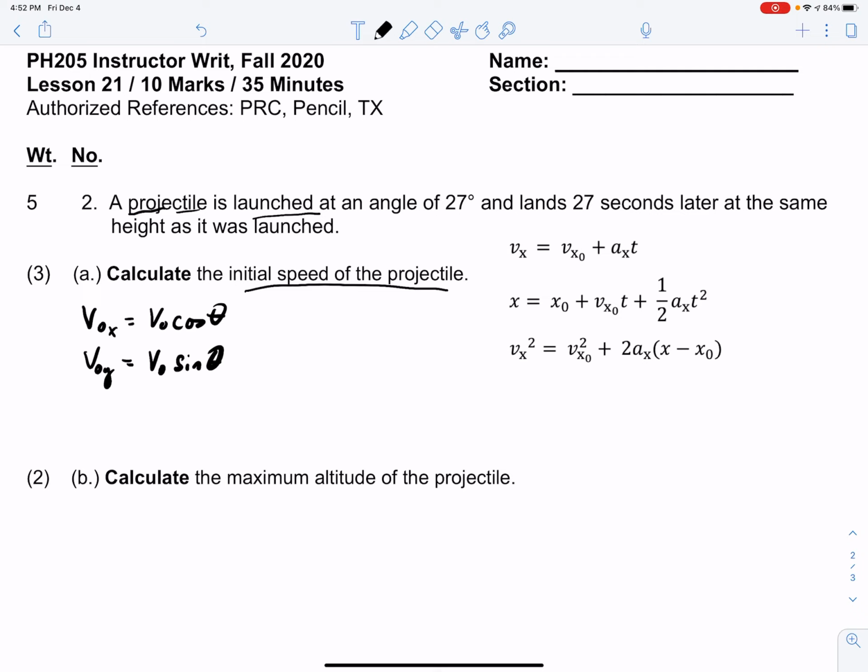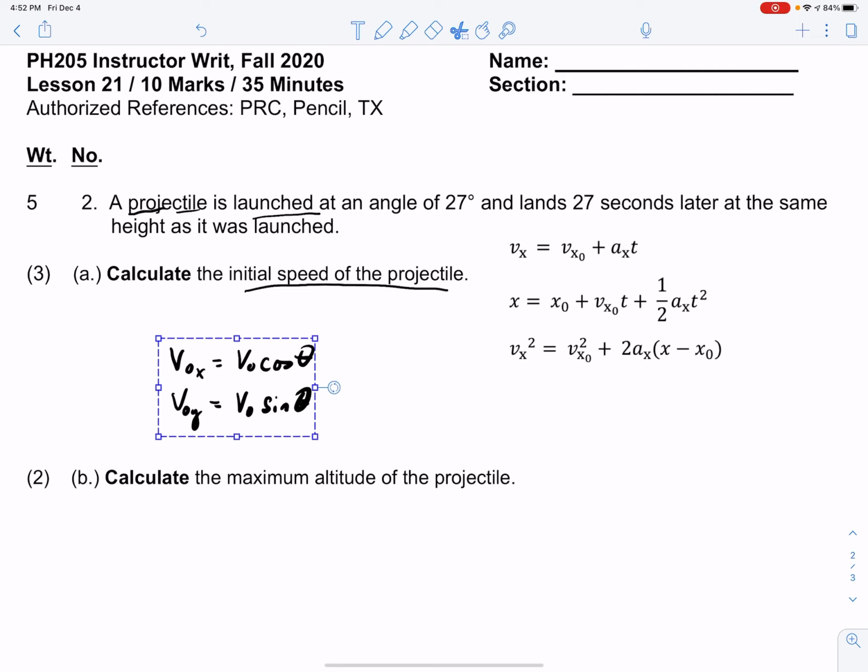Okay? Extremely important. Whenever you're given an angle, you have velocity in the x direction, velocity in the y direction. I'm going to put this right here.